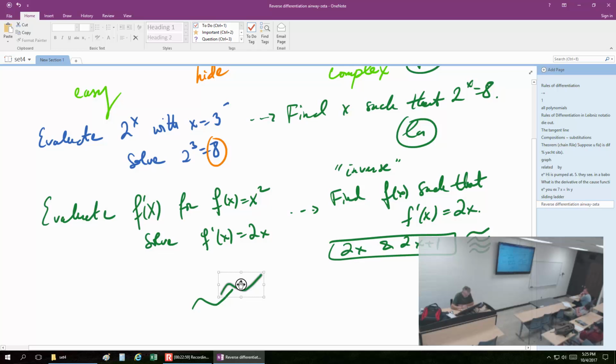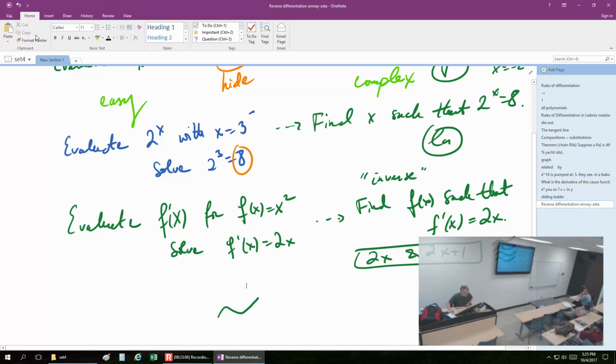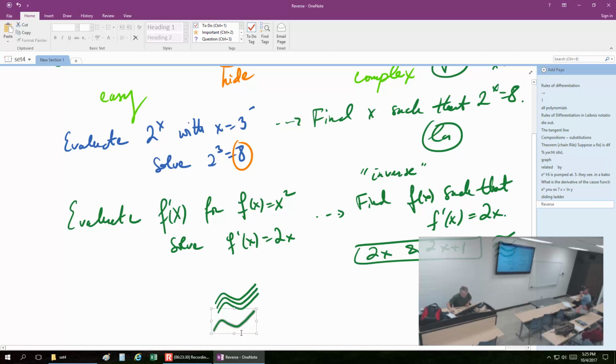As long as they are oriented appropriately, one straight above the other, like this, these are two different functions, right? And yet they have the exact same derivative. So that kind of ambiguity is not really that challenging.